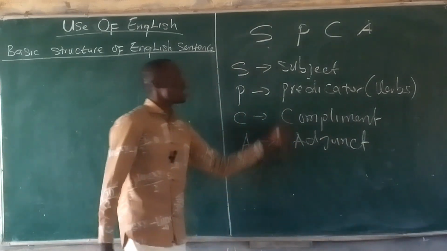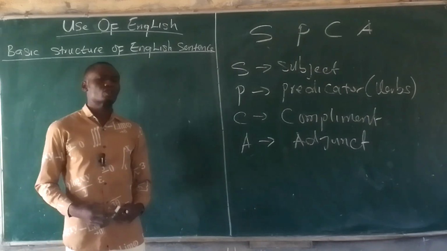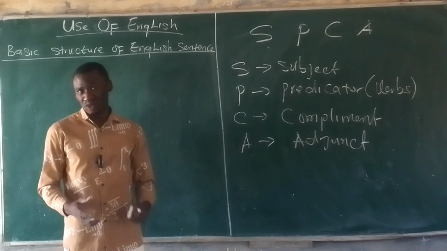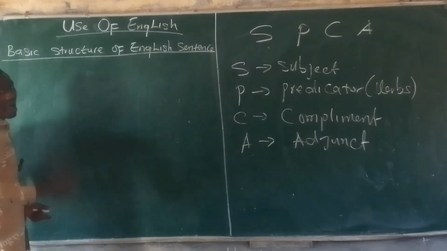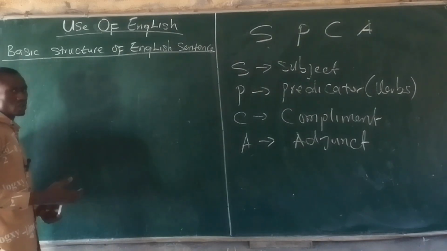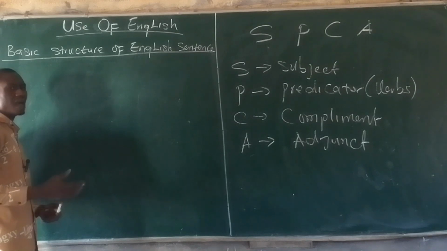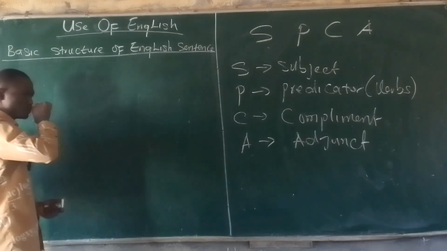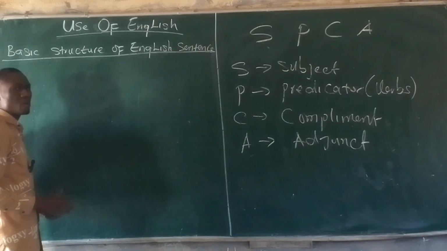Alright? These are the basic elements that are required for you to construct or to make a good English language sentence structure. Now, if you look at the subject, although an English language sentence structure contains the parts of speech, the noun, the pronoun, adverb, adjective, and the rest, these elements are what we'll be using to construct an English language sentence in this class.